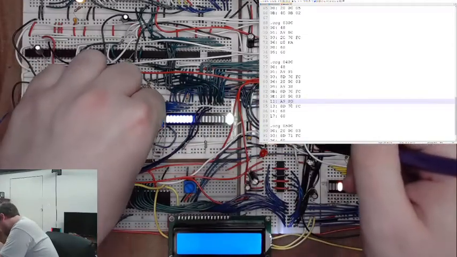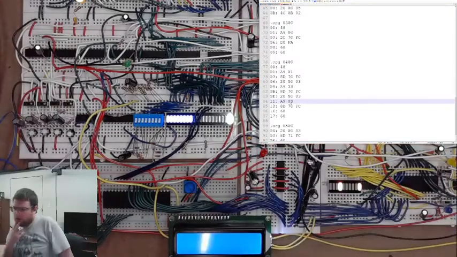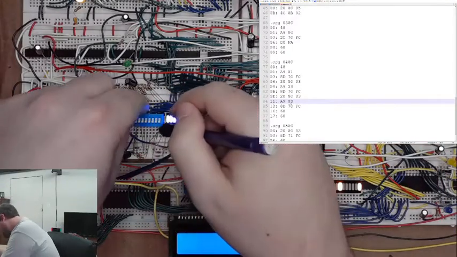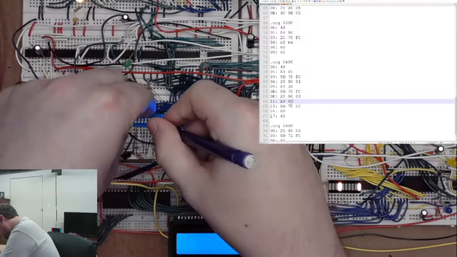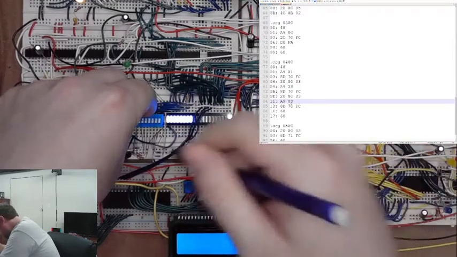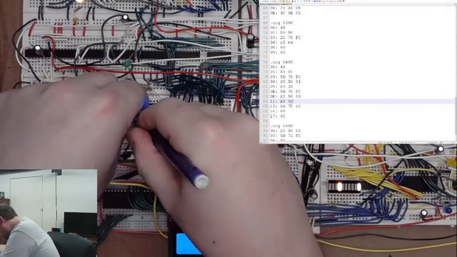Now we need to write this one. So this one is, we want to go to 1, 2. So go to 1, 2.